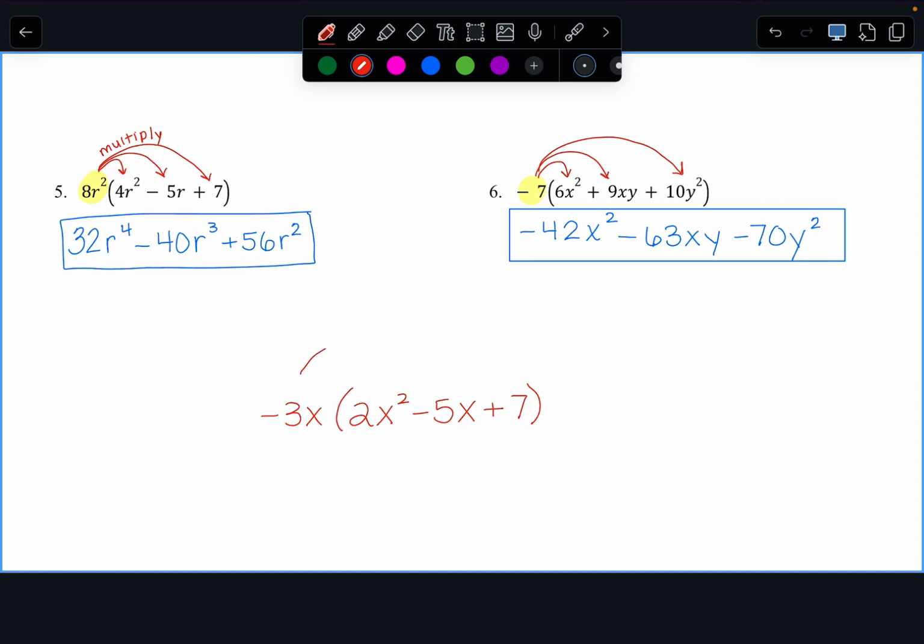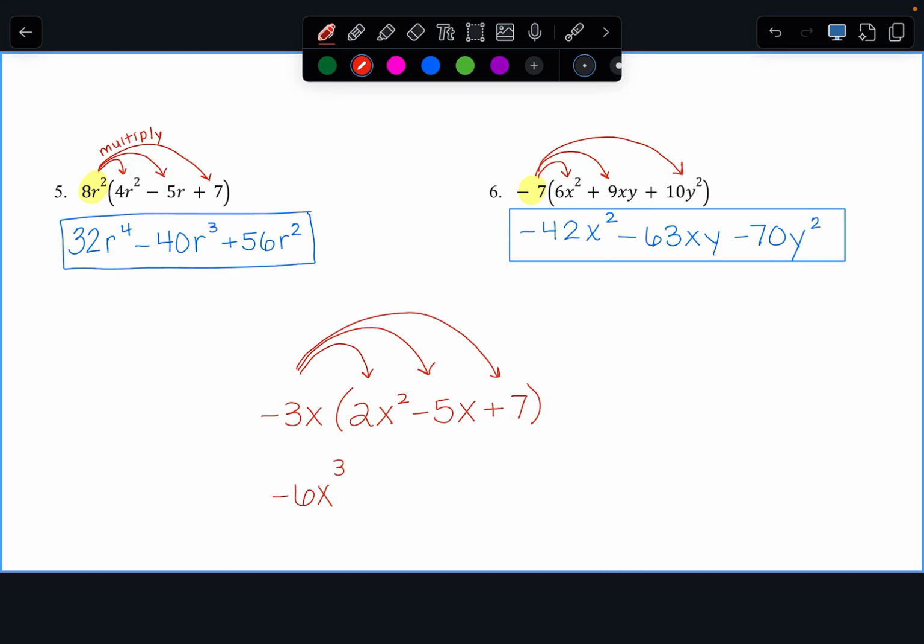We're still going to distribute the negative 3x to each term. What is negative 3x times 2x to the second? Close. To the third. Because it adds one more to that exponent. So negative 6x to the third.